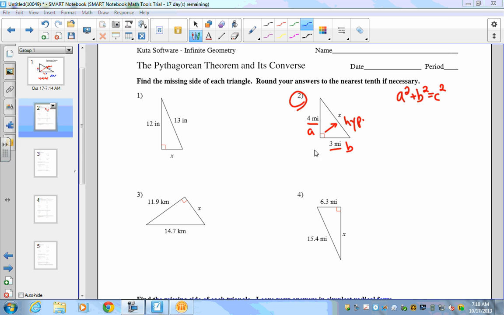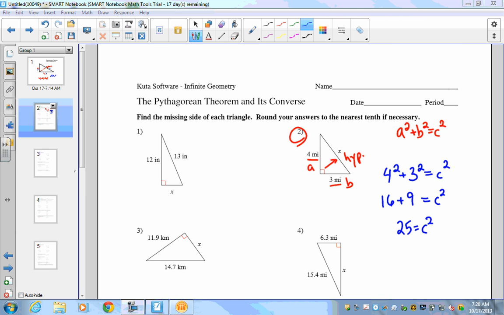So I'm just going to make a 4. So that would be 4 squared plus 3 squared is equal to my hypotenuse, which is c squared. Okay? And then the way you'd solve this is 16 plus 9 is equal to c squared. So when you do the math, you get 25, which is equal to c squared.